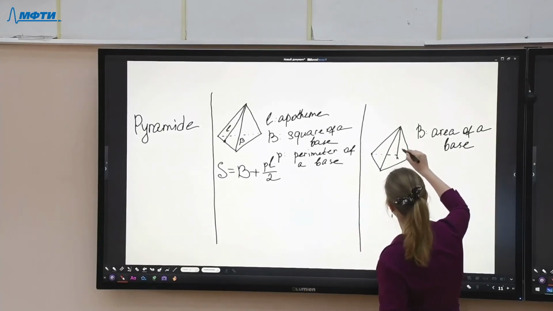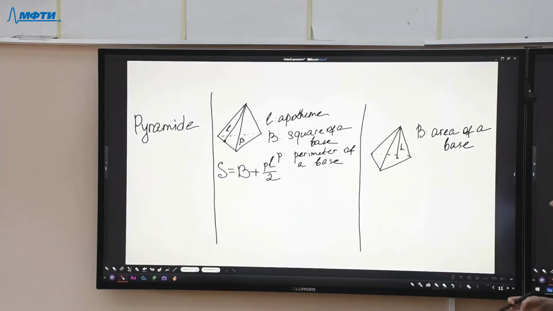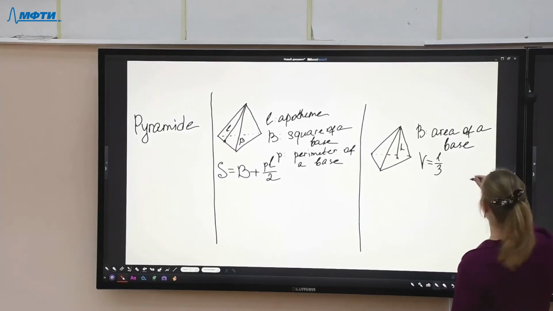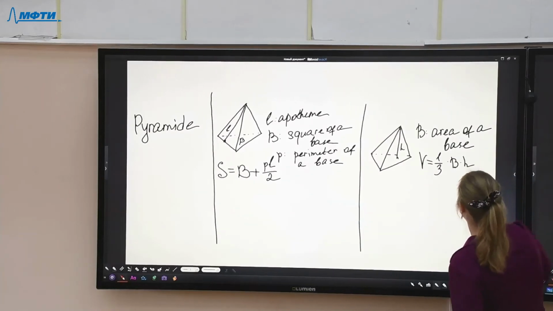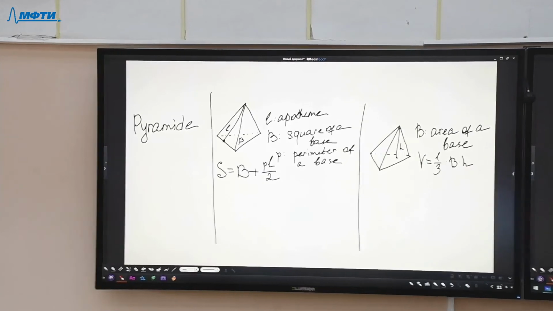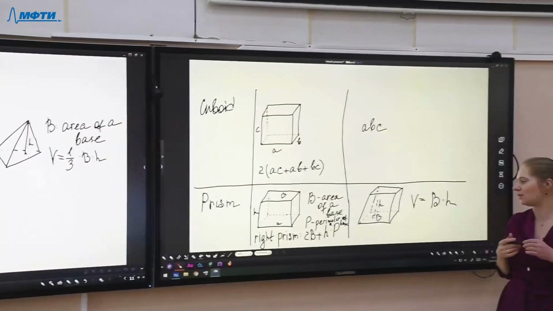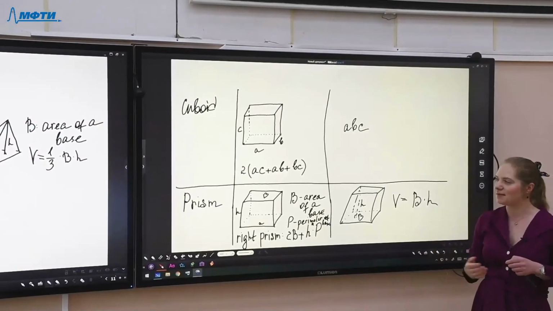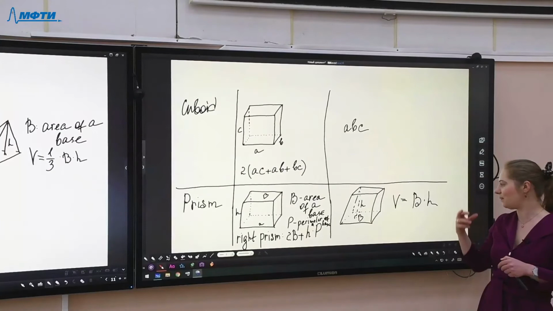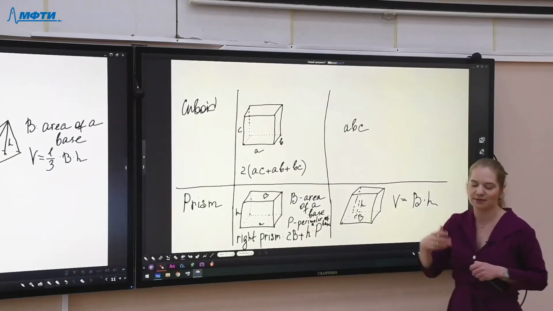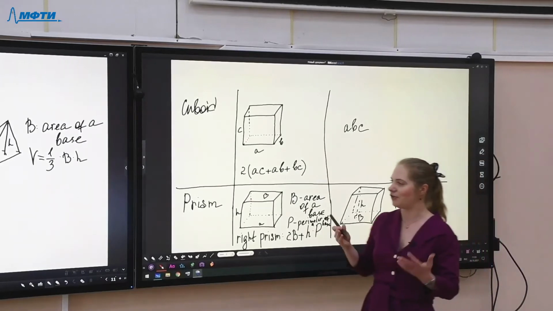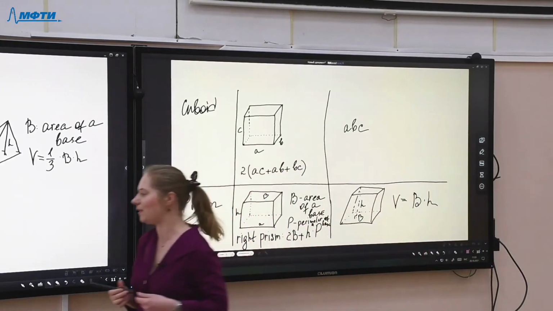We need to calculate the length of this altitude h, and volume is 1/3 times B times h. And from these two formulas, we can notice that if we have a prism and a pyramid with the same base, the volume of this pyramid is 1/3 of the volume of the prism. So in one prism, we have three equal pyramids.